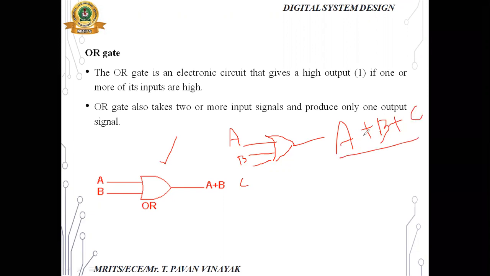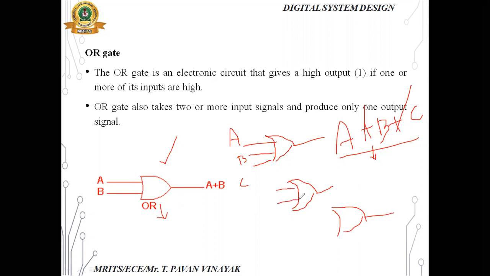If I want this 3-variable OR using 2-variable OR gates, I take 2 OR gates, this is 1 and this is 2.